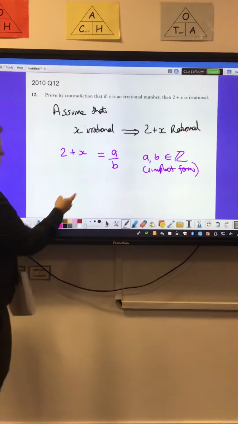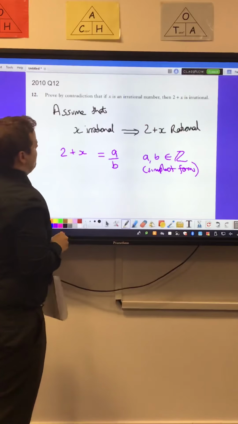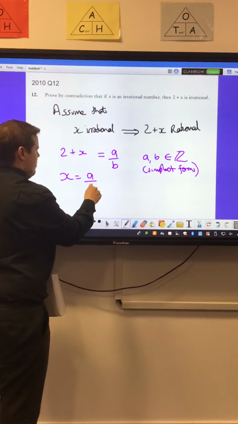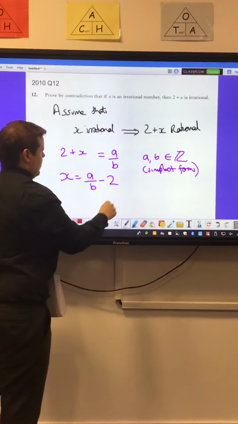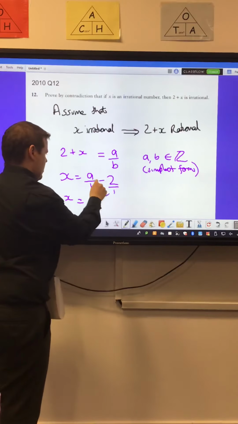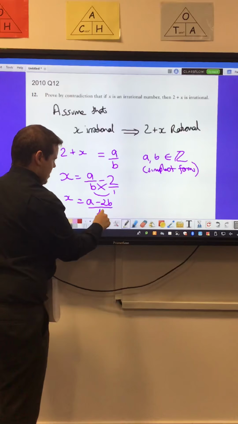So, I basically want to show that x is rational. So x equals a over b minus 2, which, if we write that as over 1, is going to be a minus 2b over b.